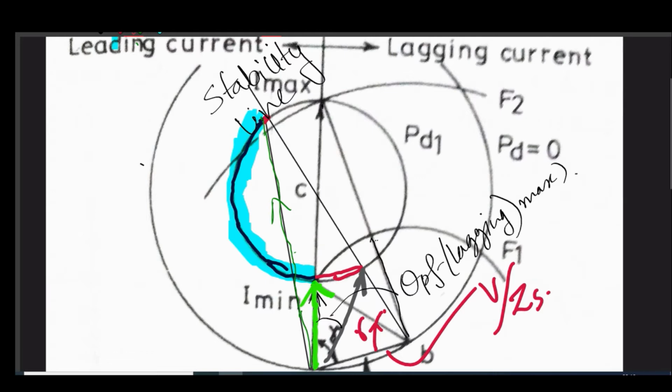So what is the logic behind it? We should think from the physical perspective, that what about saturation and other things.